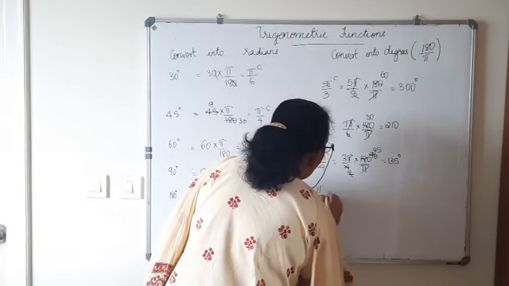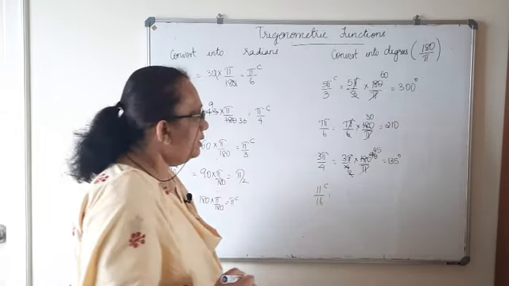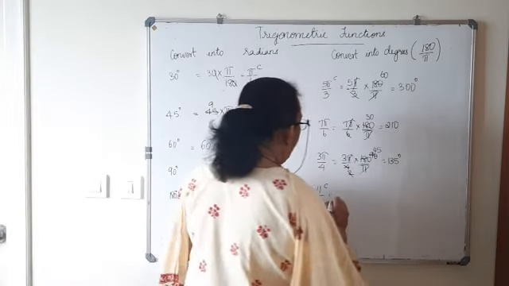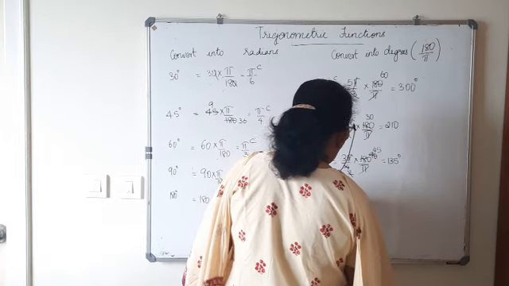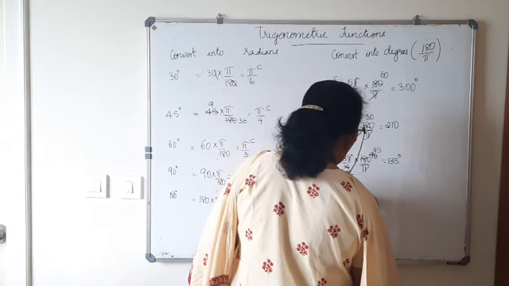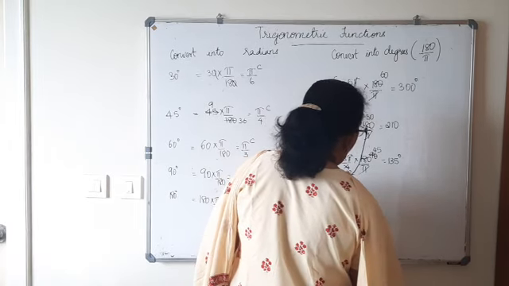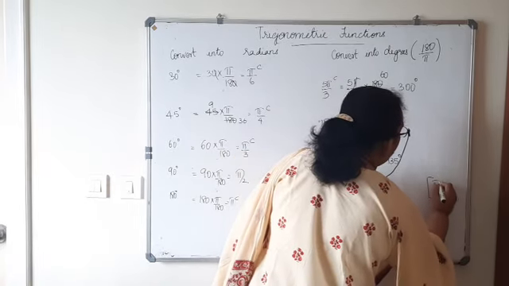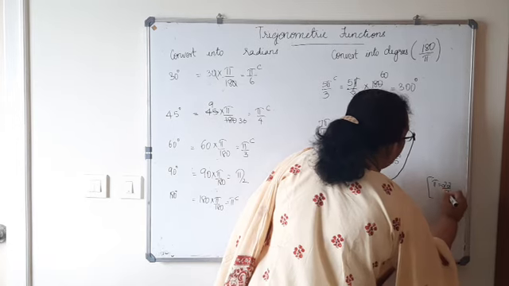Now 11 by 16 radians. In this question there is no pi. 11 by 16 radians is equal to 11 by 16 into 180 by pi. But you know that the approximate value of pi is equal to 22 by 7.